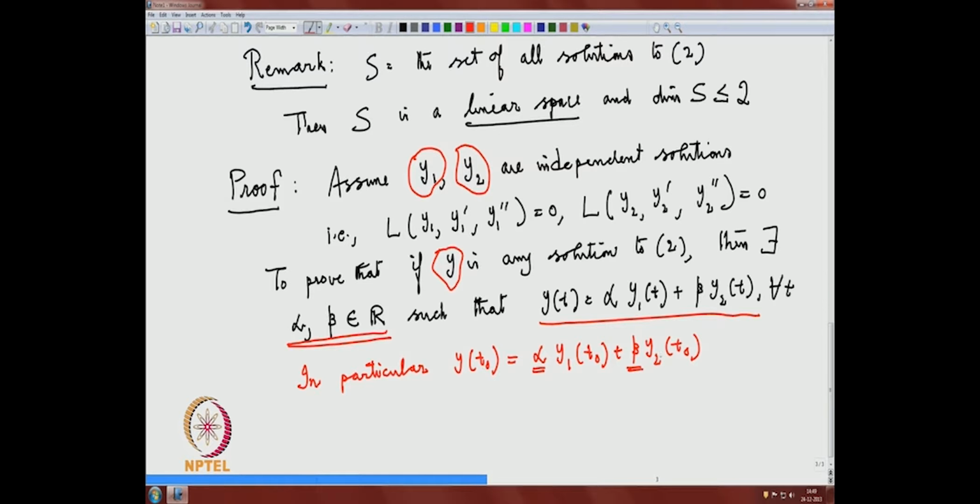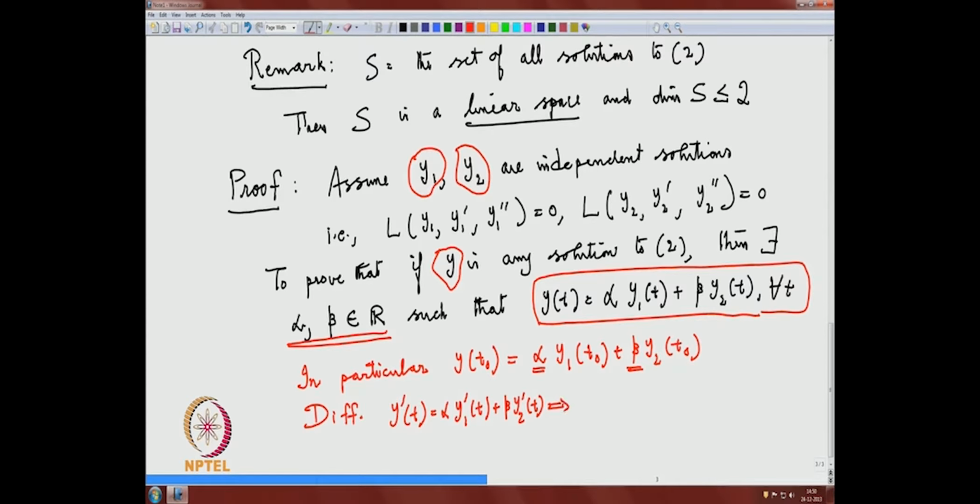Right now you have one equation, but now differentiate the equation. Differentiating the equation for y of t, we get y prime of t equal to alpha y1 prime of t plus beta y2 prime of t.